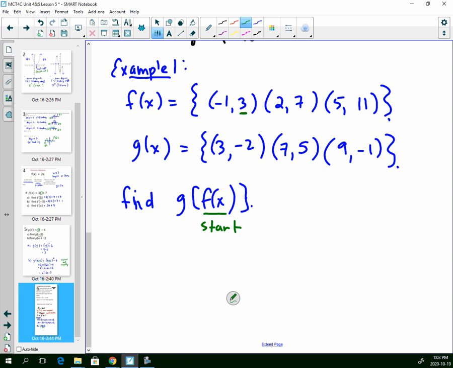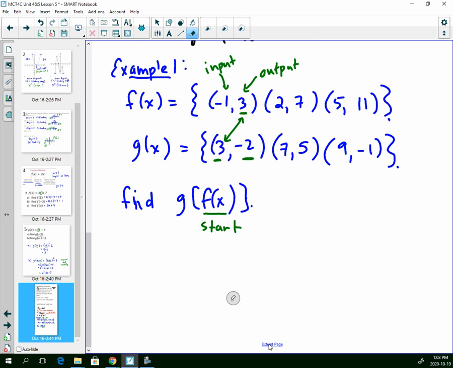So this -1 would be the input, or the x value, and the 3 would be the output, or the y value. The y value, or the output, has to be matched up with the input in the outside function. So I look at g of x, and I want to find a point that starts with 3. So this is sort of like the link, and then the final result is -2.